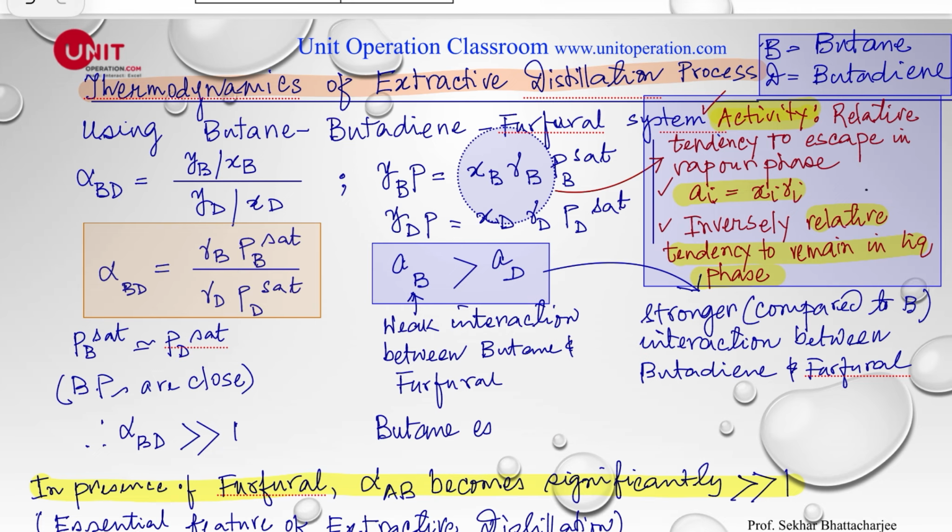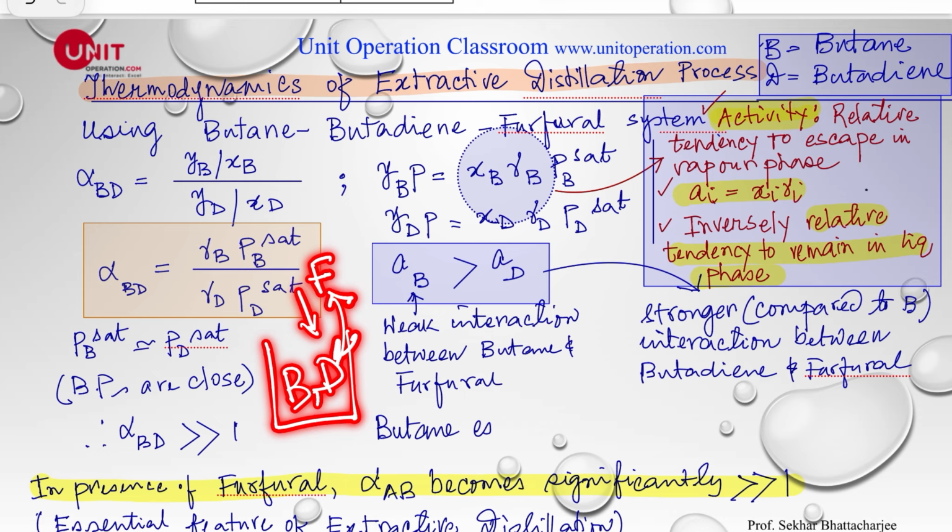Okay. So what happens if you have a butane-butadiene mixture and you add furfural to it? Since this has a much stronger interaction, it reduces the activity coefficient of butadiene much more than it does to butane. So butane has a higher tendency to escape in the vapor phase, and butadiene has a higher tendency to stay in the liquid phase.